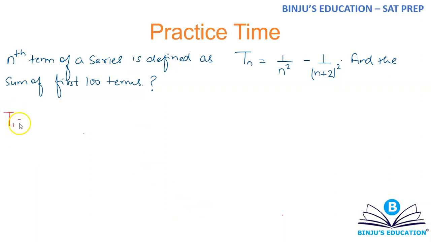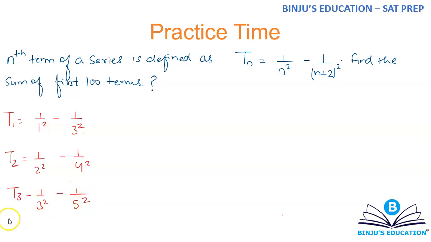So first term is 1 by 1 square minus 1 by 3 square. Second term is 1 by 2 square minus 1 by 4 square. Third term is 1 by 3 square minus 1 by 5 square. Fourth term is 1 by 4 square minus 1 by 6 square.